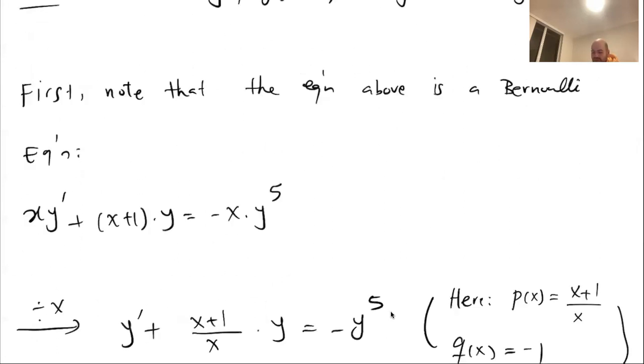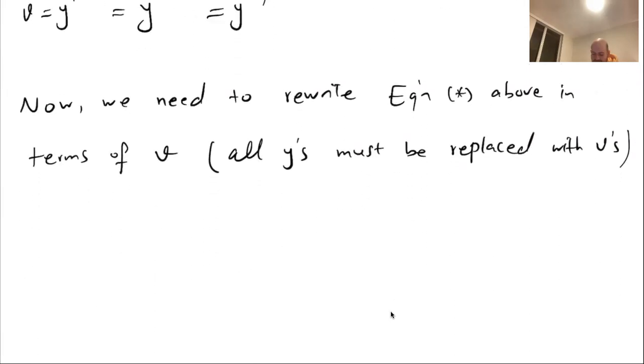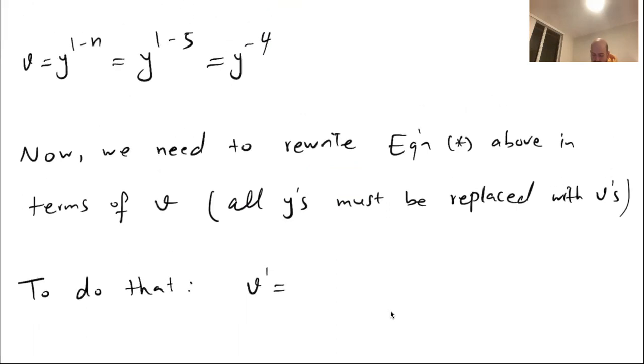All right, let's first see what v prime will be. To do that, let's first find v prime. V prime will be the derivative of y to power minus 4.